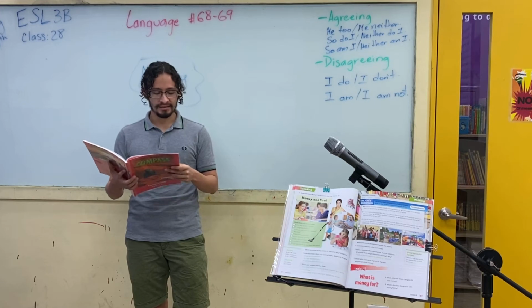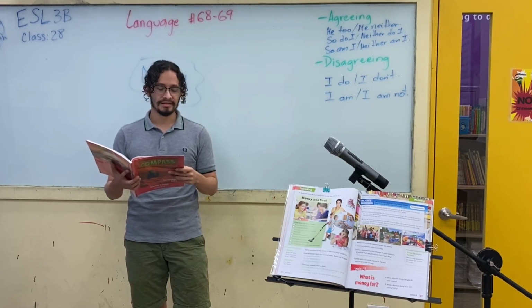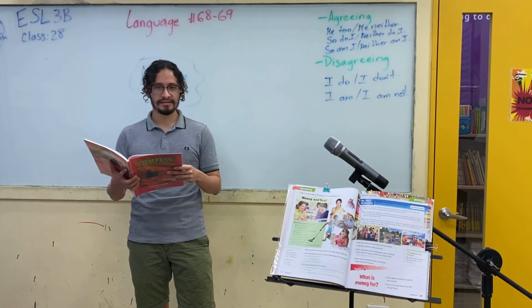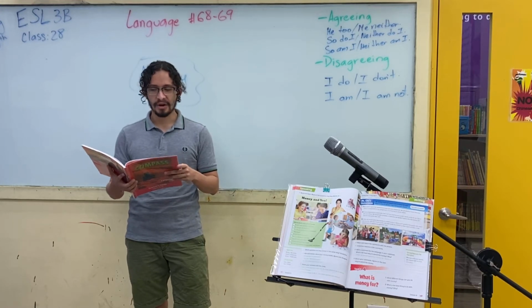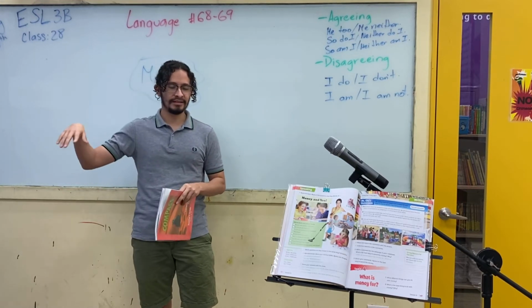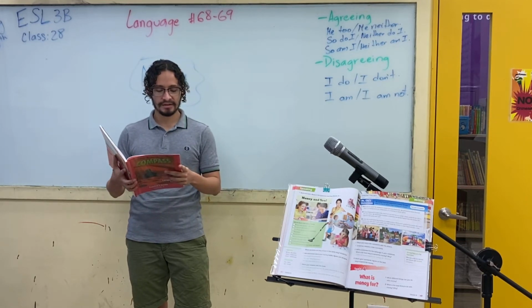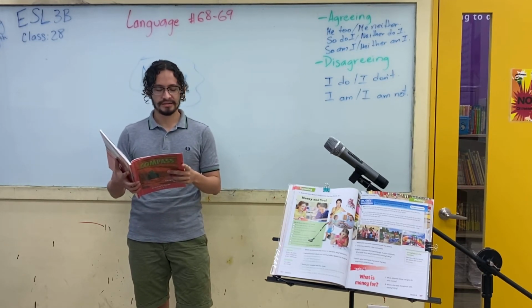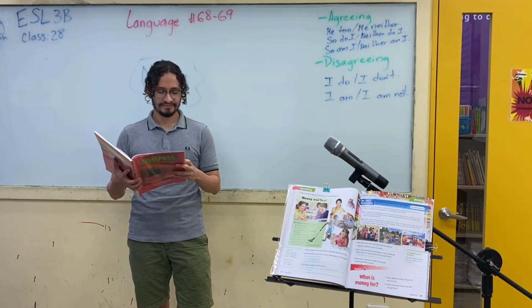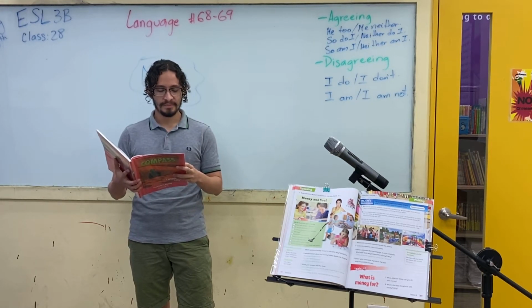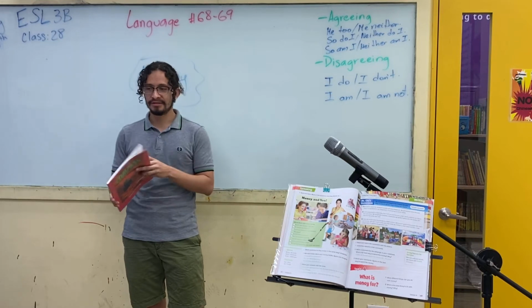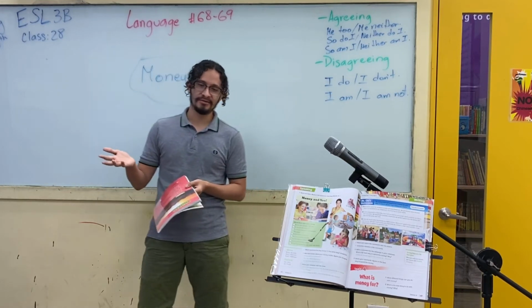And number eight is lend. So, for example, can you lend me your computer? And then I'll give it to you later. That's lend. Number nine, it's pay. When you do something, then somebody has to pay you, right?